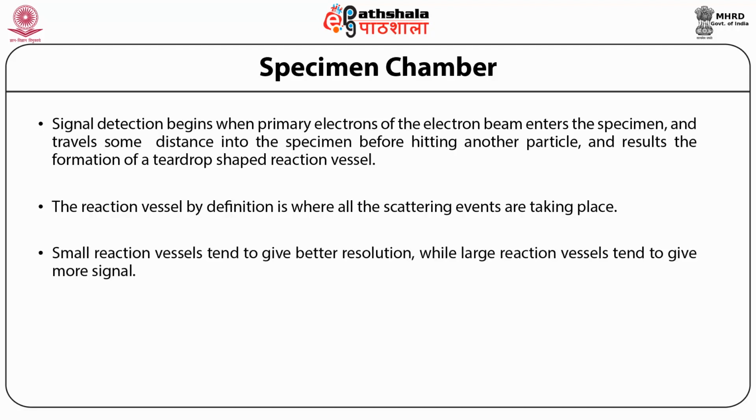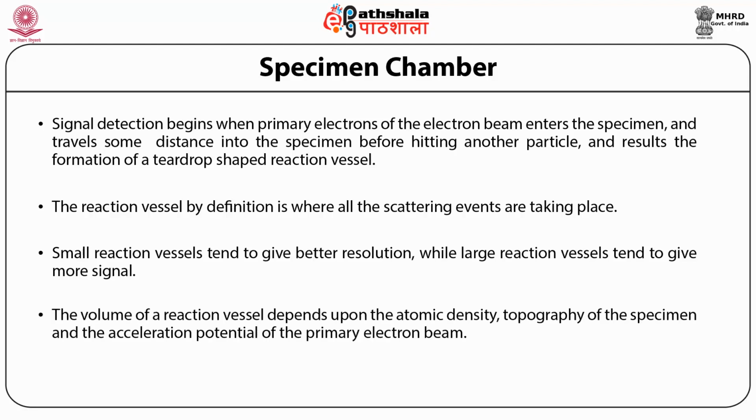Small reaction vessels tend to give better resolution, while larger reaction vessels tend to give more signal. The volume of a reaction vessel depends upon the atomic density, topography of the specimen, and the acceleration potential of the primary electron beam.